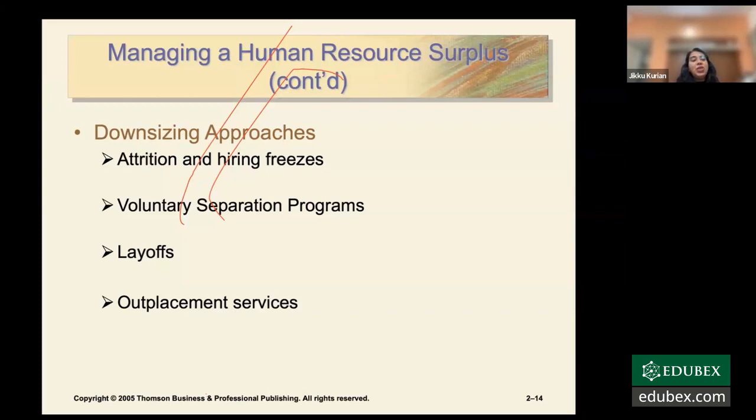Layoffs is when organizations don't find any other option other than sending their employees away, along with outplacement services. We also try to put our employees somewhere else, in some other organization, so that they will have jobs in hand. So this is how we manage when you have excess employees and the organizations really want to reduce the number of employees.